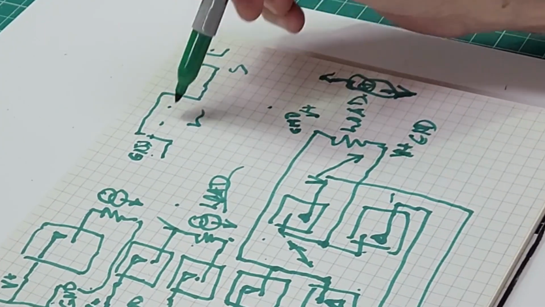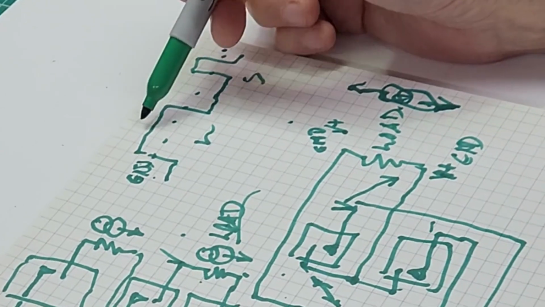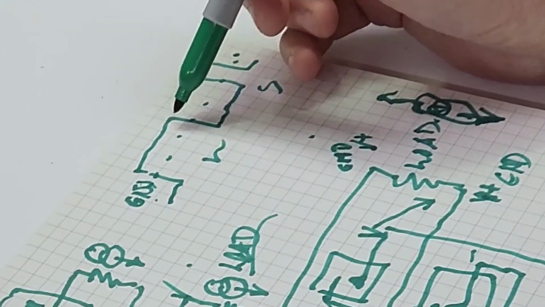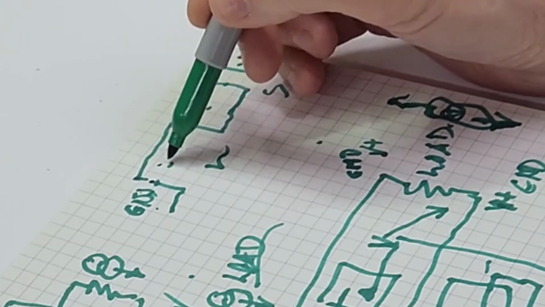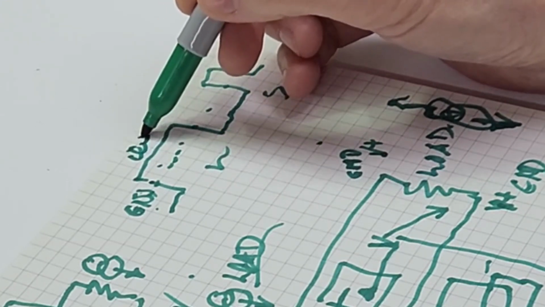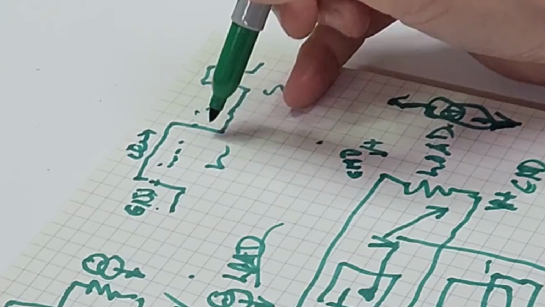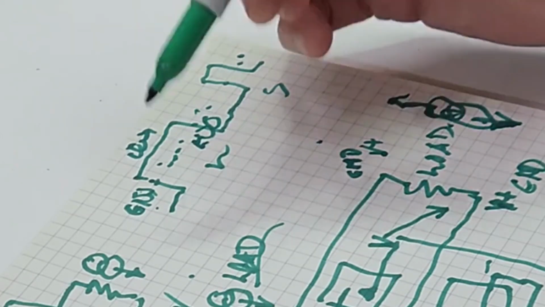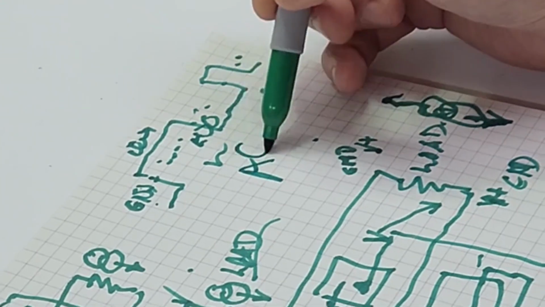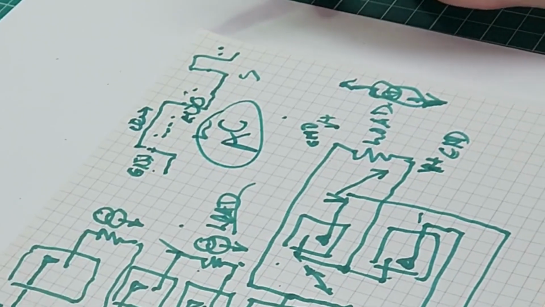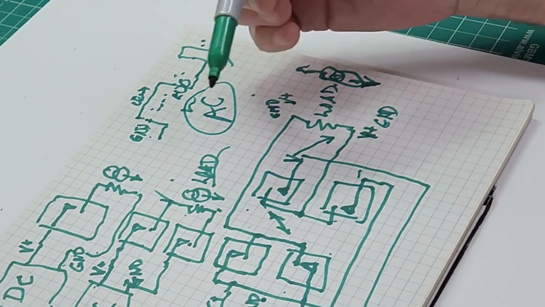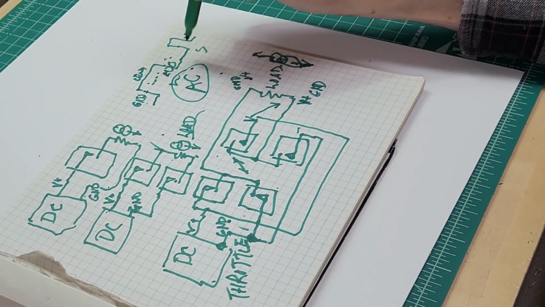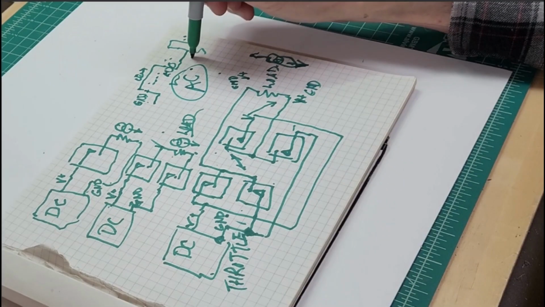So in effect, there's some average center, and while you're above this reference, the current is going that way, and when you come below that reference, the current's going the opposite direction, which is the case with AC. And that's a square wave. So the signal is then an AC square wave.